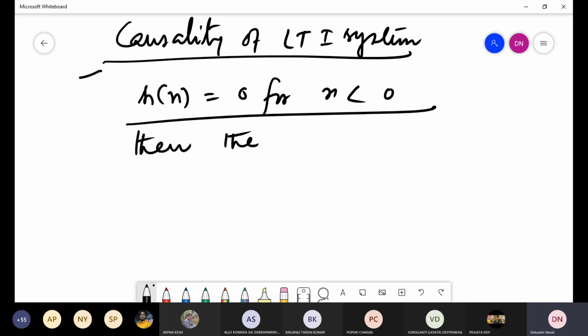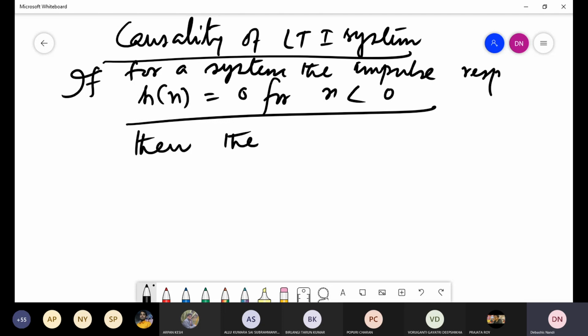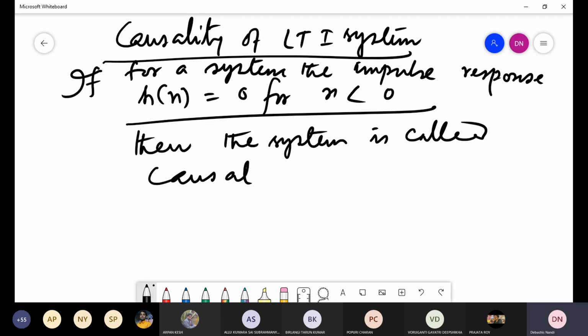Thus, if for a system the impulse response h[n] is equal to 0 for n less than 0, then the system is called a causal system. Otherwise, if h[n] is not equal to 0 for n less than 0, then it will be a non-causal system. Okay, so this is the causality.